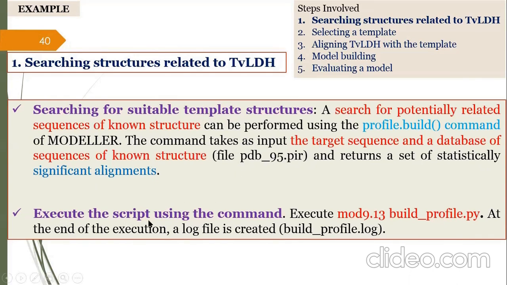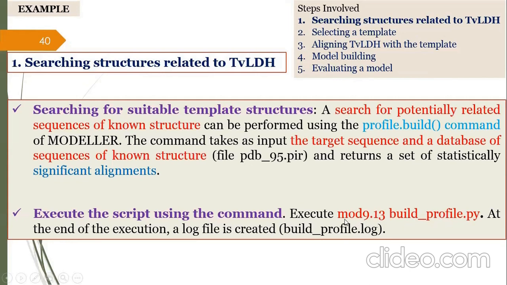Now execute the script file using the command. How will you execute it? In the modeler window, you will execute mod9.13 build_profile.py, whatever name we have already given, for the query sequence script1.py.